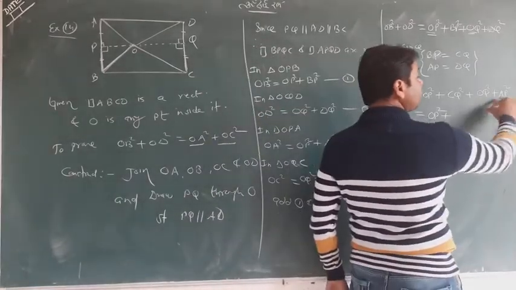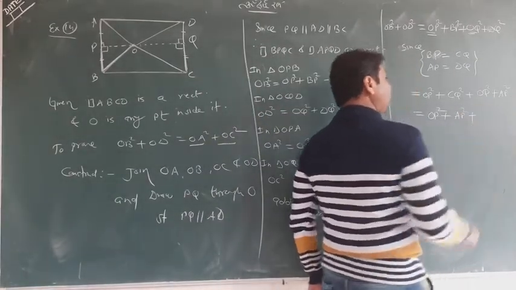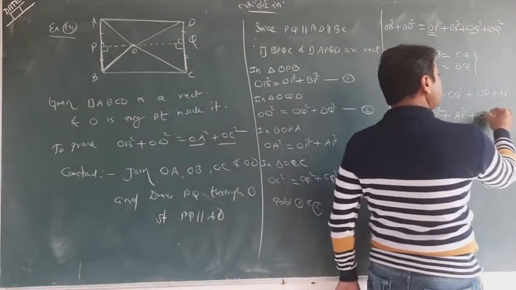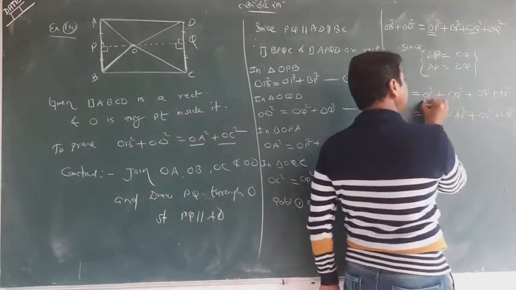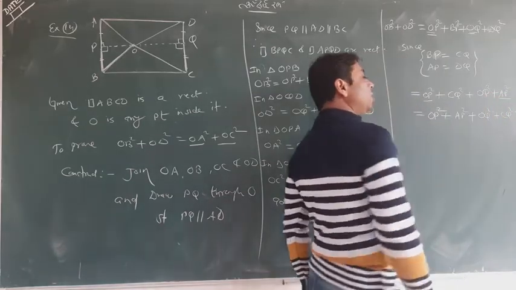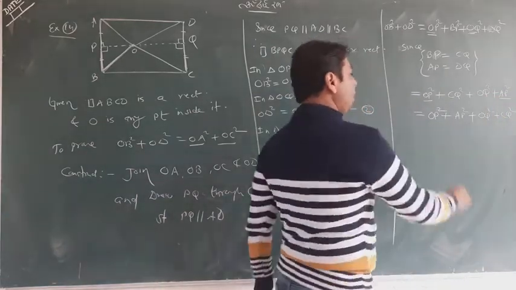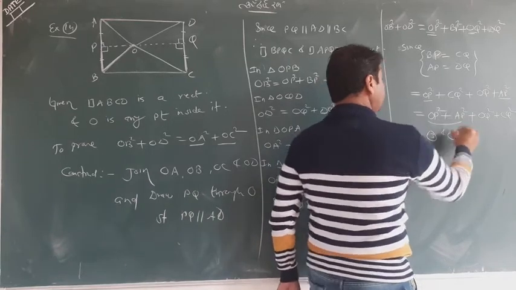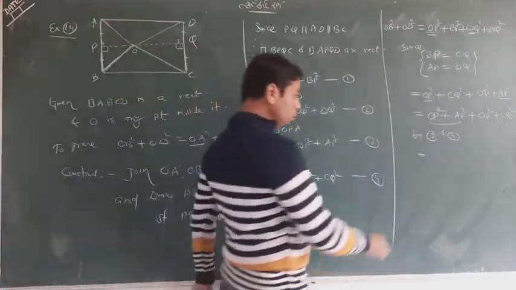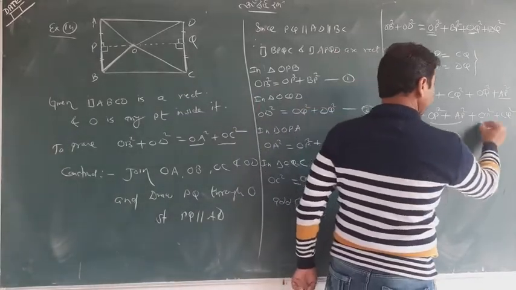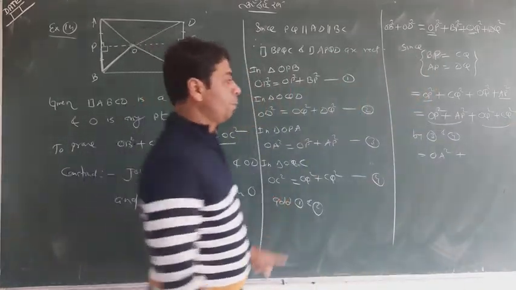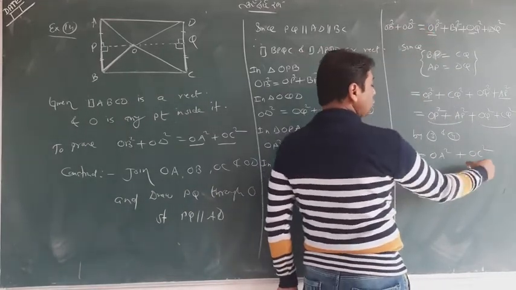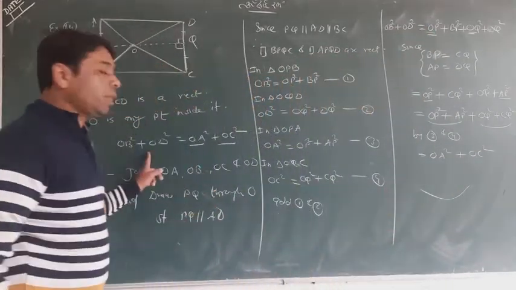You can see AP square is here. So write them together: OQ square plus CQ square. These first two give OA, and these two give OC. So finally, OB square plus OD square equals OA square plus OC square. We have got our requirement.